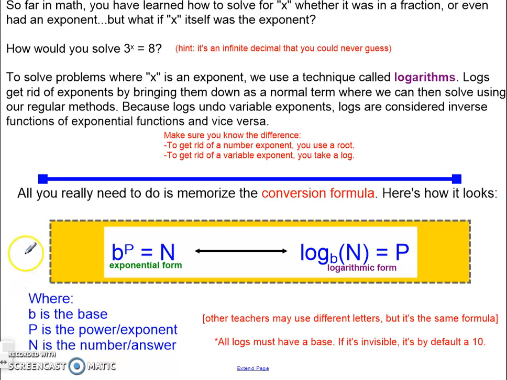And the methods that we've learned in the past won't necessarily work in these situations. So we have to introduce logarithms. And logarithms allow exponents to come down as a normal term, and then and only then we can solve them in our regular methods.